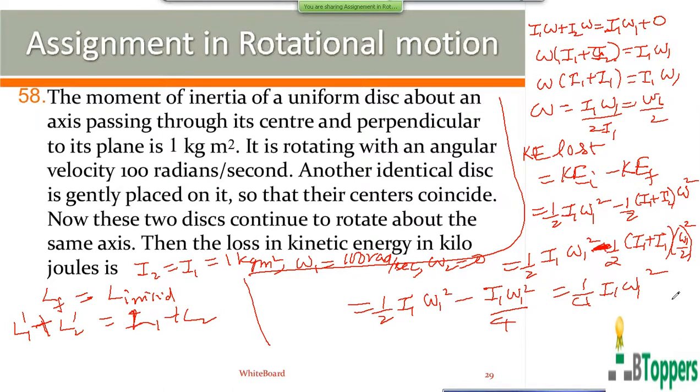In question number 58, the kinetic energy lost by the system is 1 by 4th of I1 omega 1 square. Here I1 is given as 1 kg meter square, and omega 1 is given. Probably most of you might have simplified.